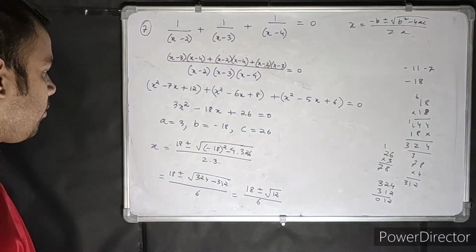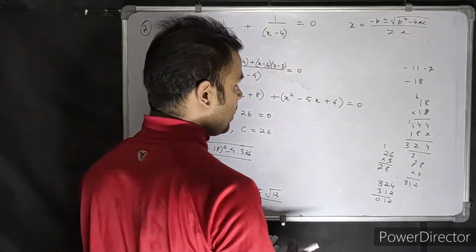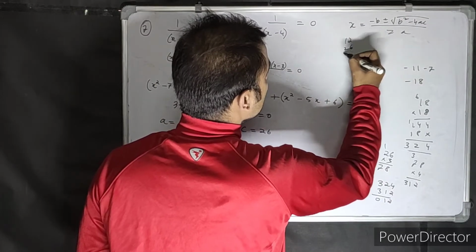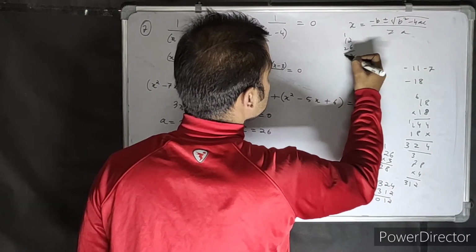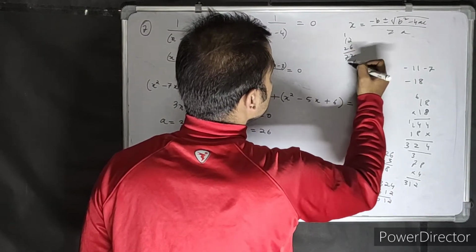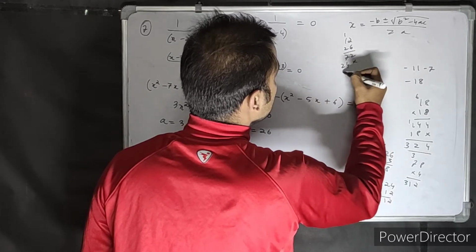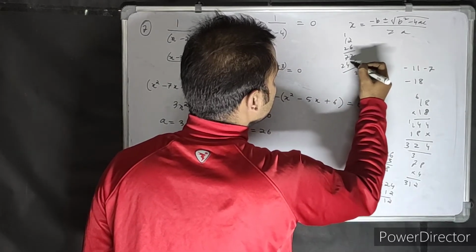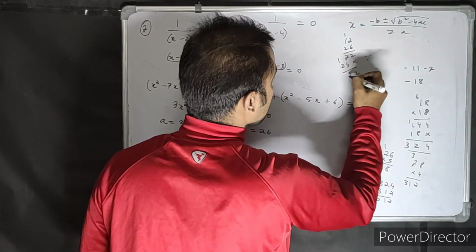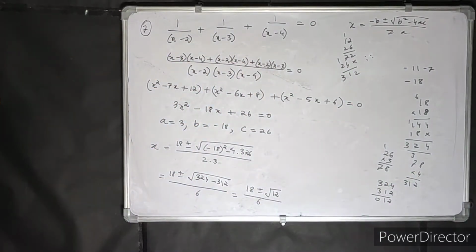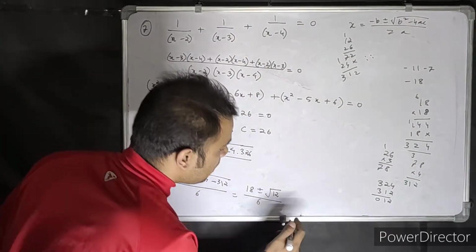All correct. If I check this, 4 3s are 12, 12 into 26, 6 2s are 12, 6 plus 1, 7, 2 2s are 4, 2 1s are 2. So 312. All correct? Okay.